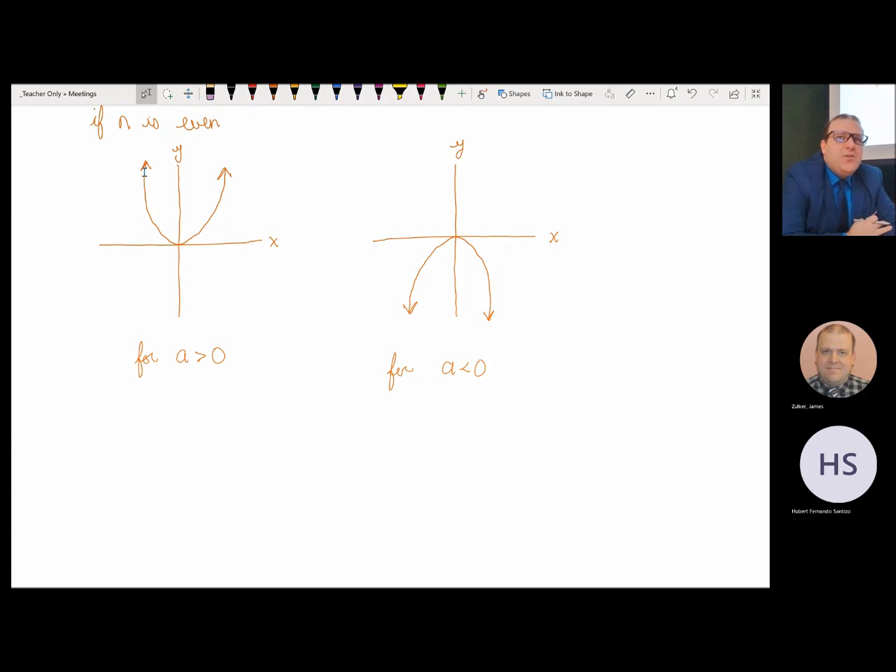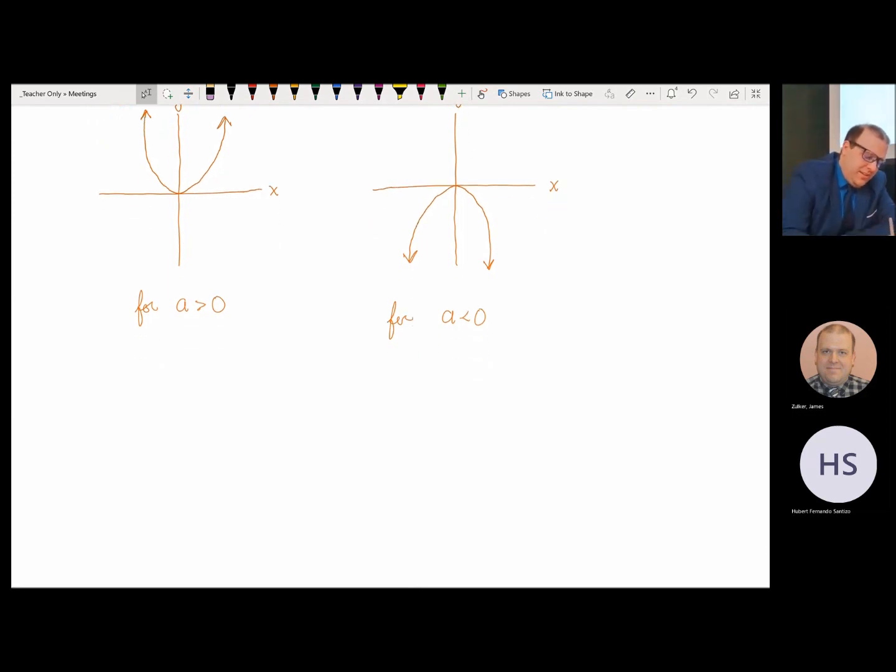So on either end, your function just increases without bound. f goes to infinity as x goes to minus infinity.